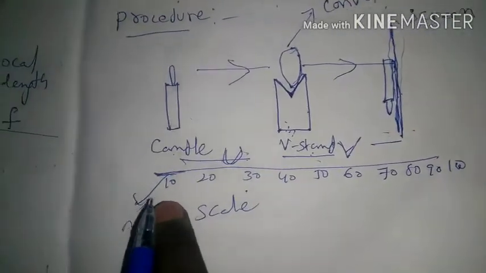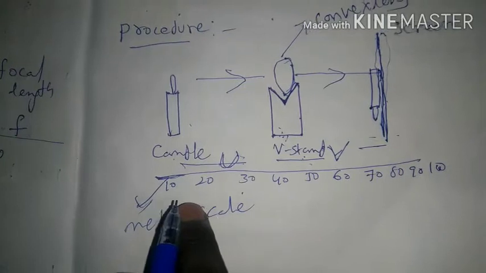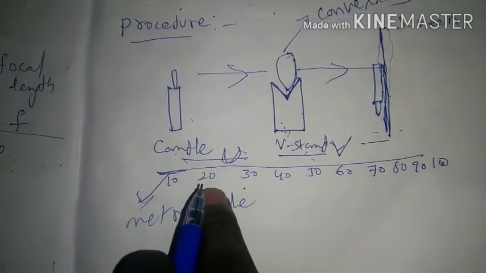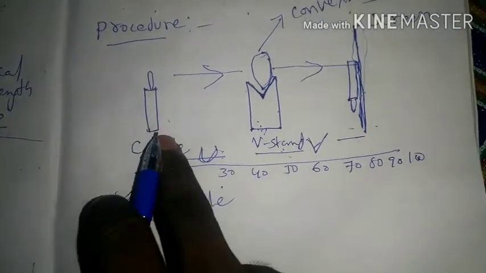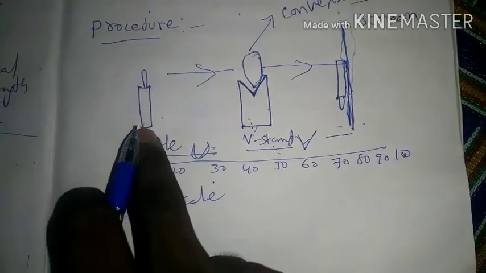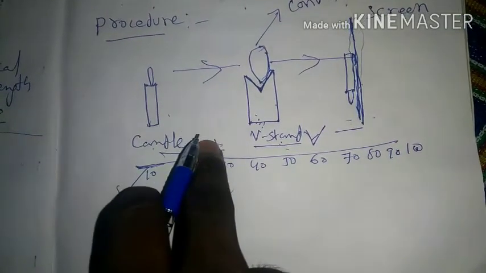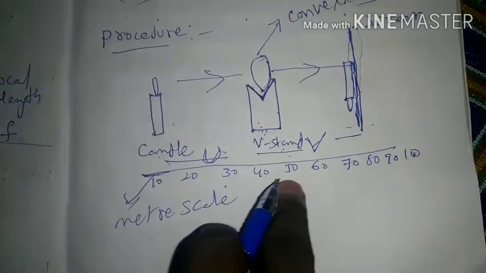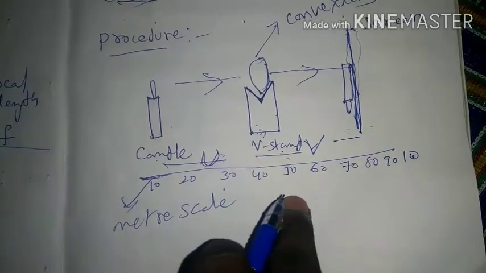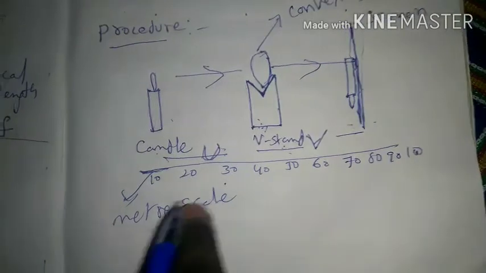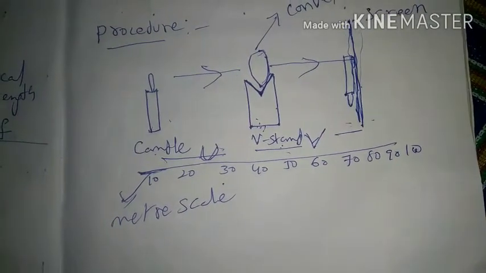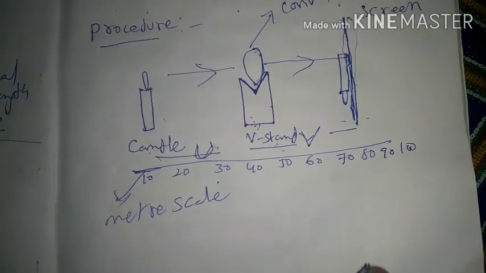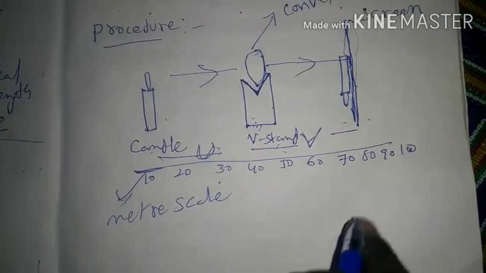Now next one, place the candle at a distance of 48 centimeters from the lens such that the flame of the candle is on the principal axis of the lens. Try to get an image of the candle flame on the other side, on the screen.